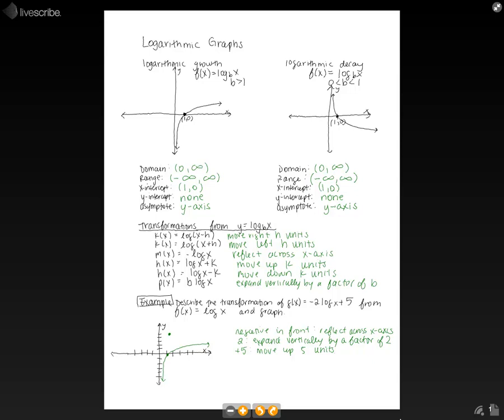And we have flipped this, so instead this is coming from this direction. So this is our original log, and this is our negative 2 log x plus 5.